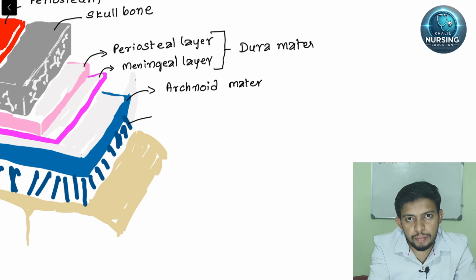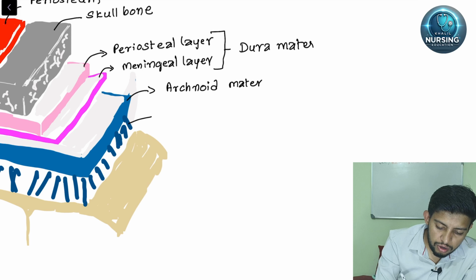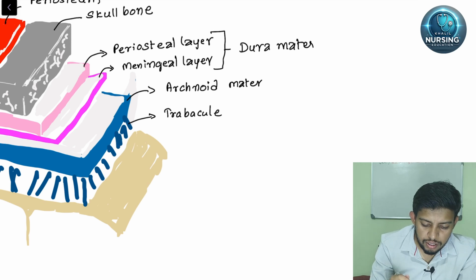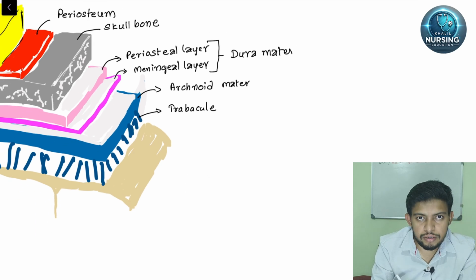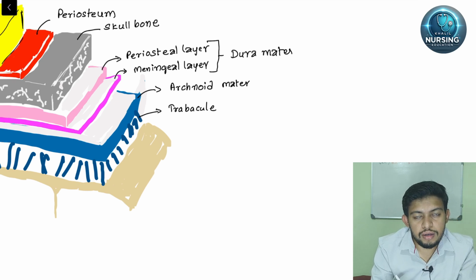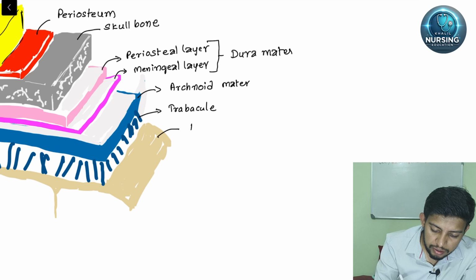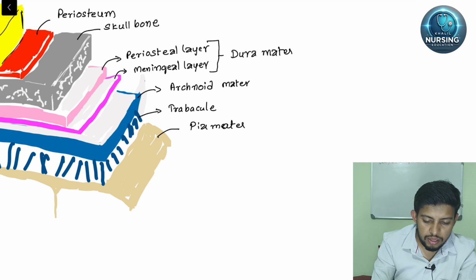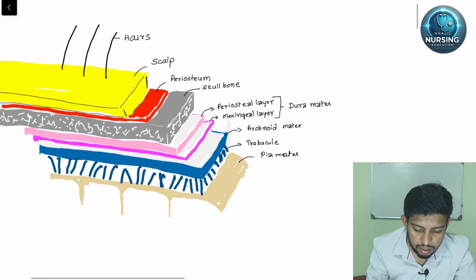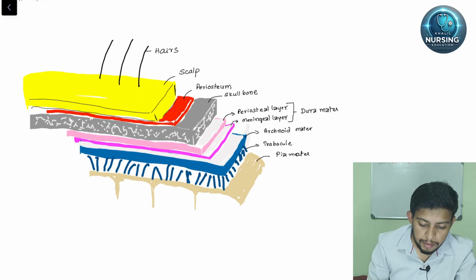From the arachnoid to the pia mater, these are called trabeculae. That is the connective tissue of the arachnoid mater. It belongs to the arachnoid mater, but it is slightly attached to the pia mater. So this one is the pia mater. This is about the layers of the meninges.